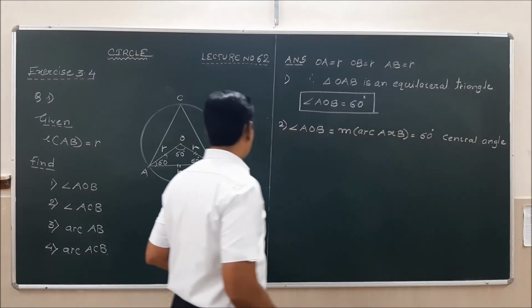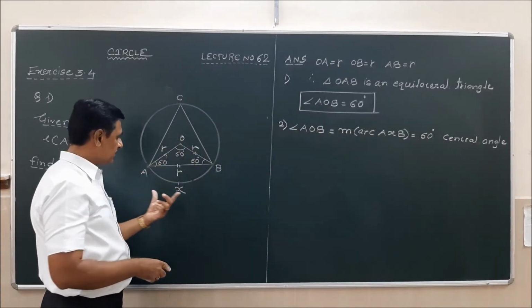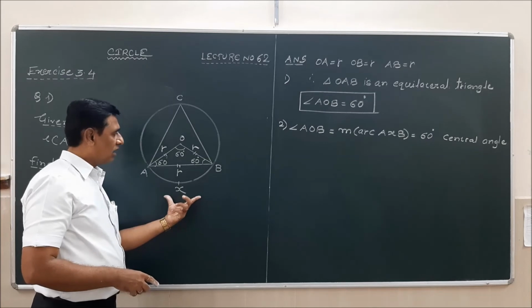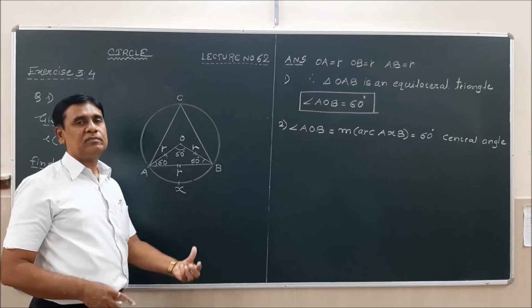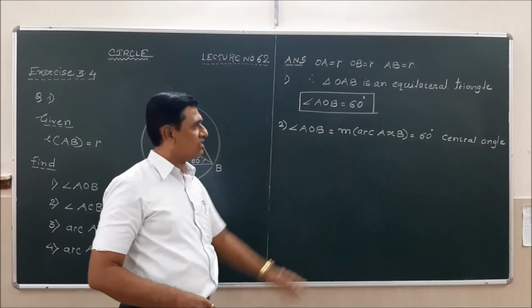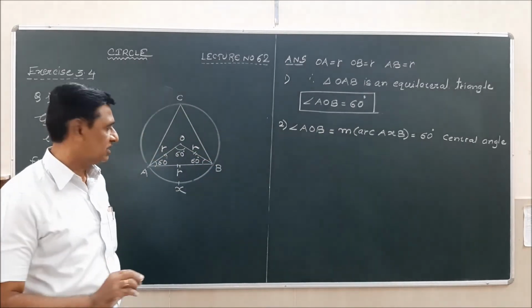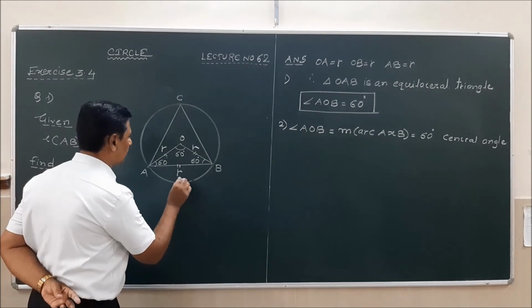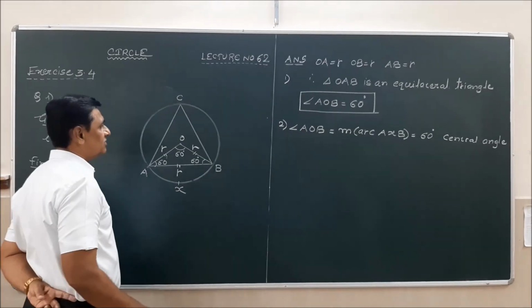Angle AOB is 60 degrees. Arc AXB is intercepted by the central angle, and therefore AOB is equal to arc AXB, which is 60. This is how I got arc AXB as 60.